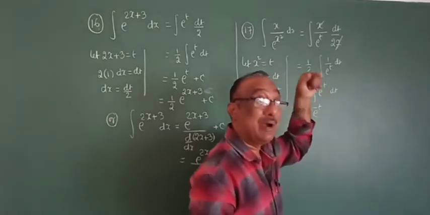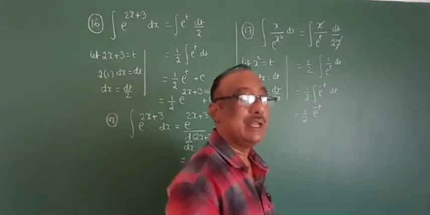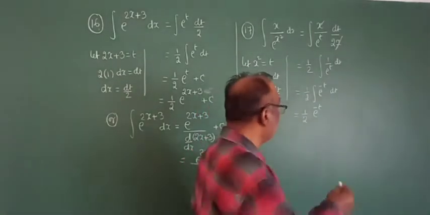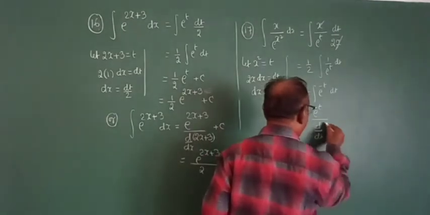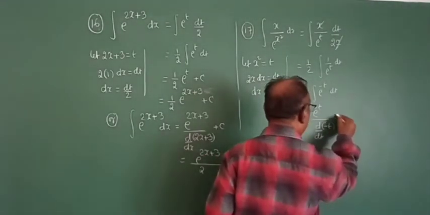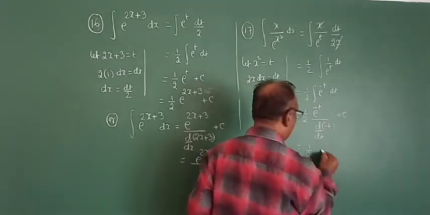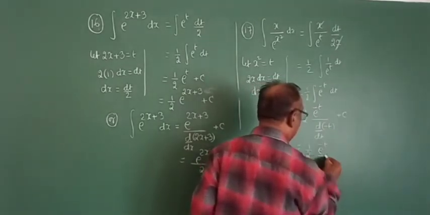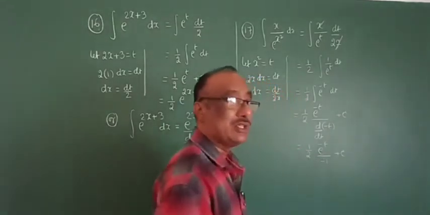So minus t goes in the denominator as the chain rule. Therefore, 1 by 2 e power of minus t by minus 1 plus t. Write down t.